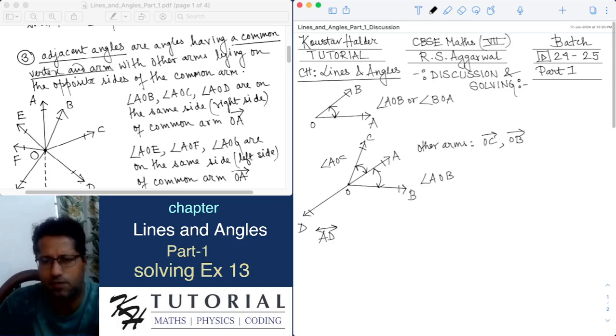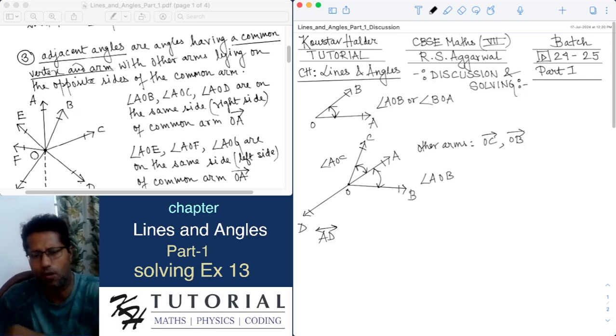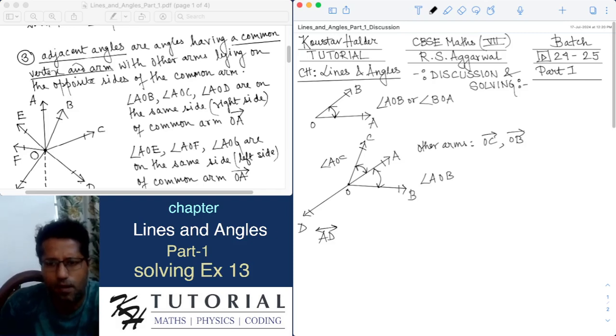Clearly you can see that arm OC is lying on the left and upper side of the line AD, whereas the arm OB is lying on the right hand side and below the line AD. So this is why they are on opposite sides of the line AD, or we can also say lying on the opposite sides of the arm OA.